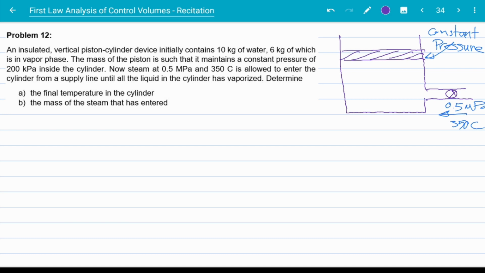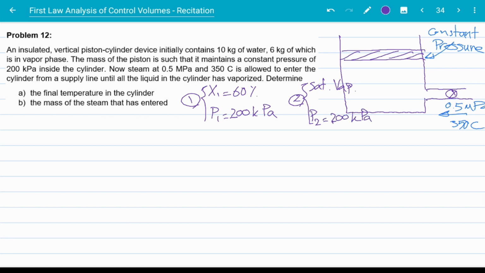So what do we know? We know that at the initial state, we have quality of 60% and pressure of 200 kilopascals. We know that at the final state, everything has vaporized, so we are dealing with saturated vapor. And the pressure, because the process is constant pressure, is still 200 kilopascals.